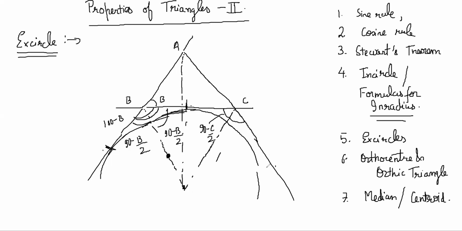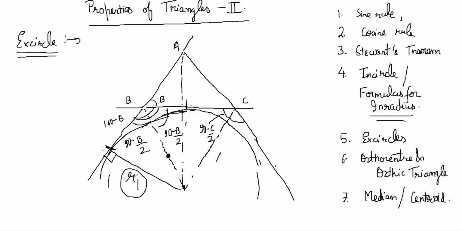Correct? So because it is equidistant to these 3, now you can draw a circle from that point with radius equal to, say, some perpendicular distance r1, right? And that is equidistant, so it will touch all 3. So this perpendicular distance r1 is called the exradius, or excircle radius.